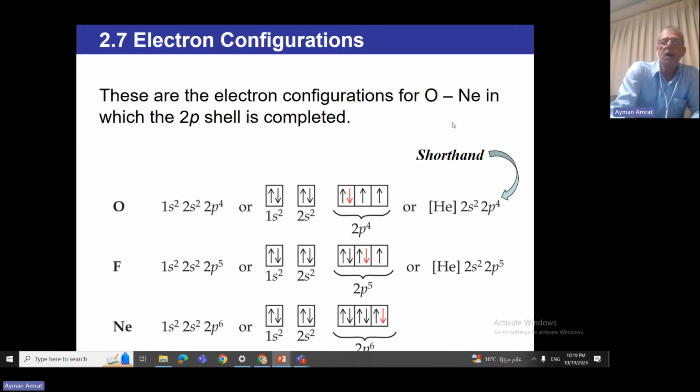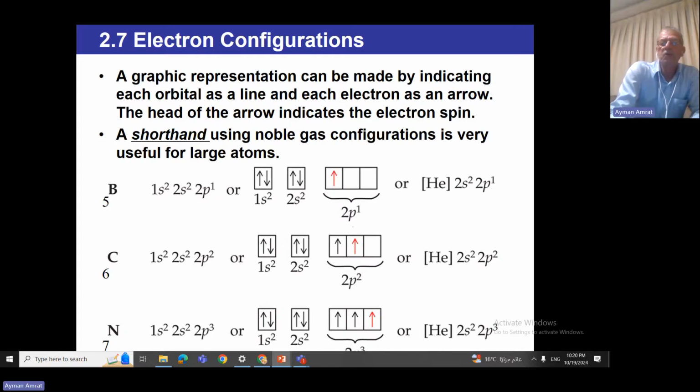In oxygen you now pair two electrons in one orbital, but for nitrogen the three electrons should be half filled. Each of these three electrons should be in a different orbital, px, py, pz, to be half filled.